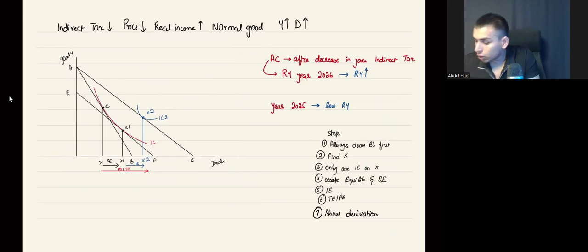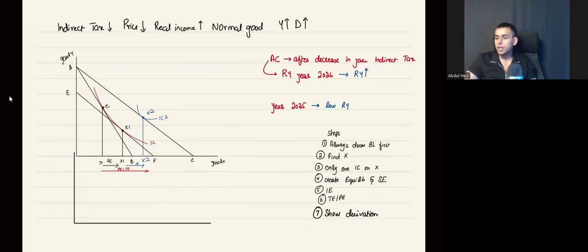All right. So what you have to do is show a derivation below this diagram, linking it with price elasticity of demand, linking it with PED. I have price of good X and quantity of good X over here.